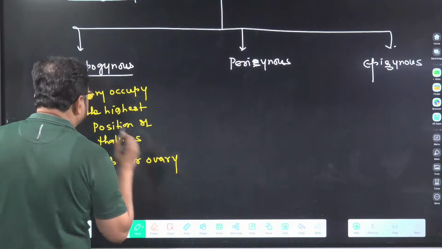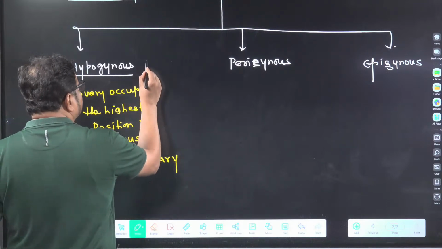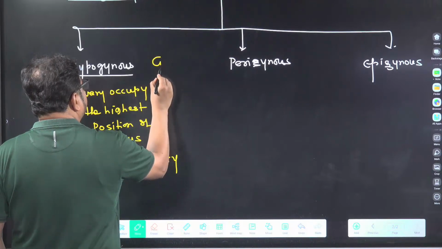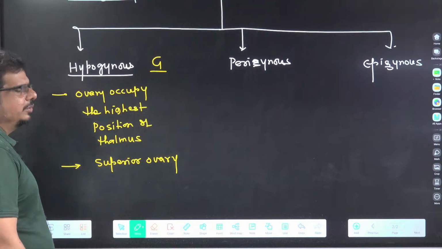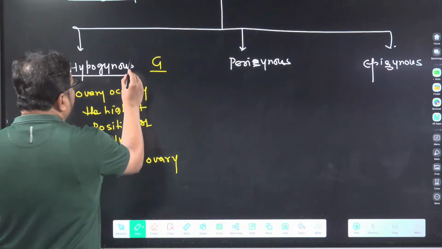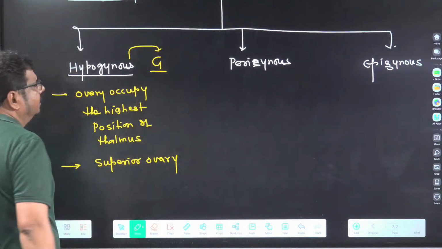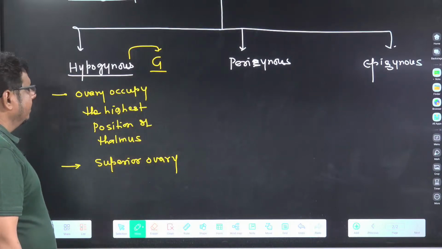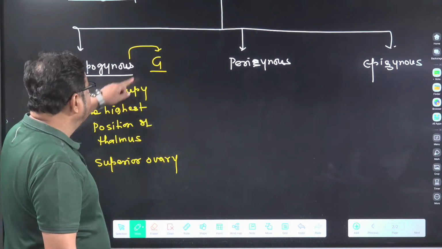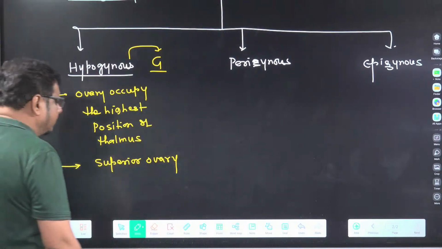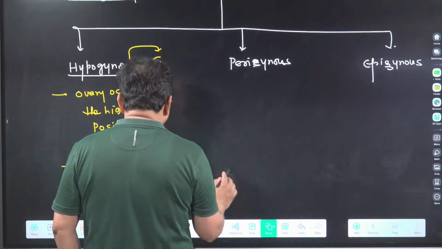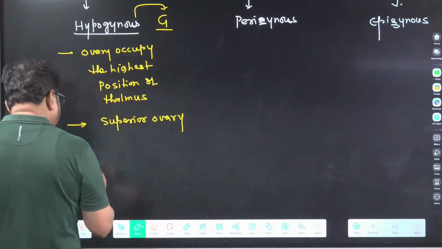We symbolize the superior ovary by writing G and putting a bar below the G. So this is the symbol of superior ovary. I am writing G, gynoecium, and the bar below the G is the symbol of superior ovary. Getting the thing? So superior ovary is present in the hypogynous condition.